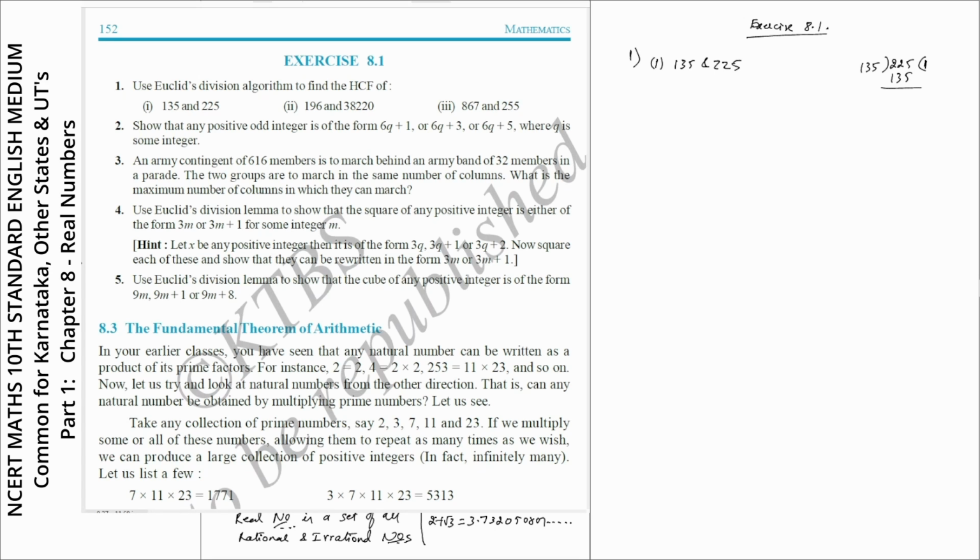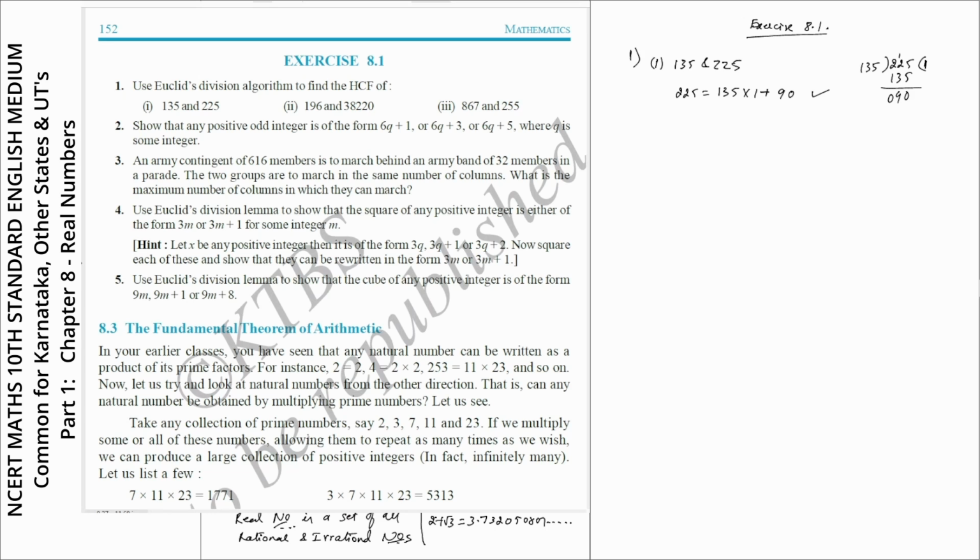Now 5 minus 5 is 0. 12 minus 3 is 9. 0. So now I can write 225 is equal to 135 into 1 plus 90. Now this is nothing but Euclid's division lemma.